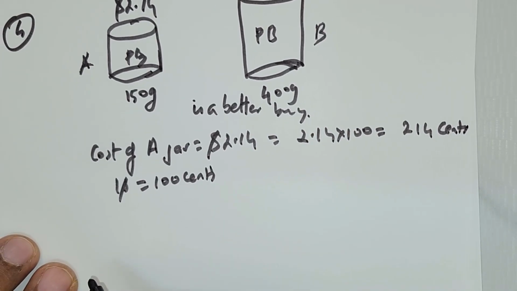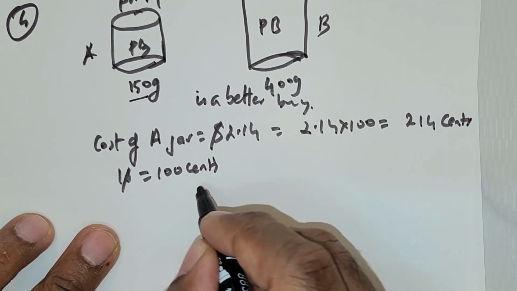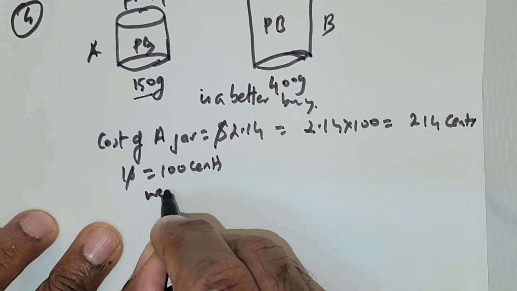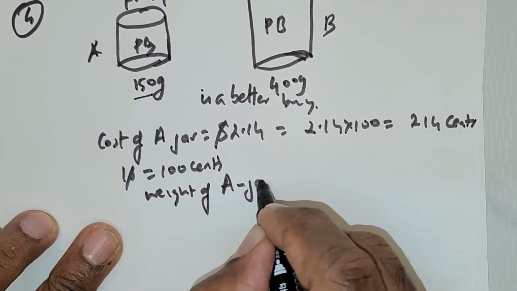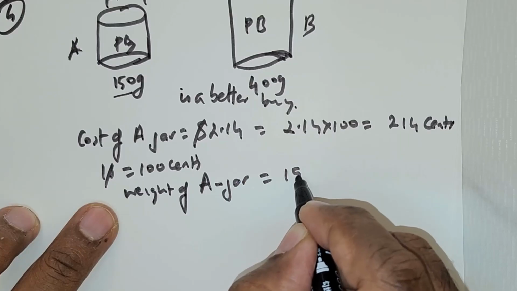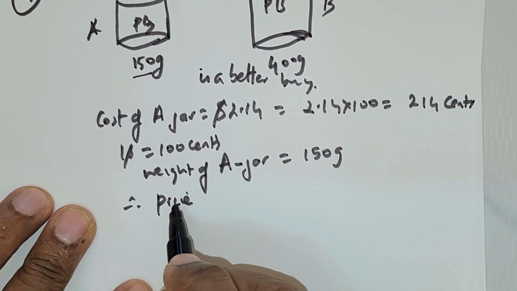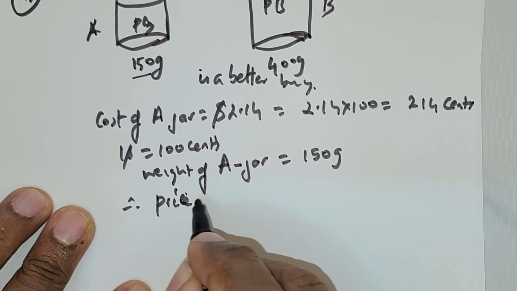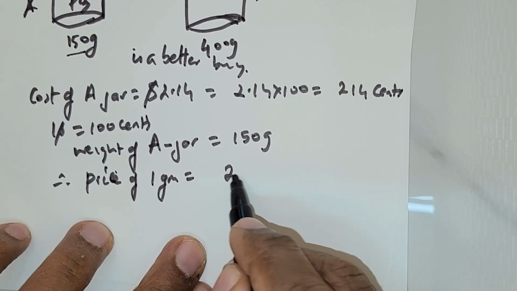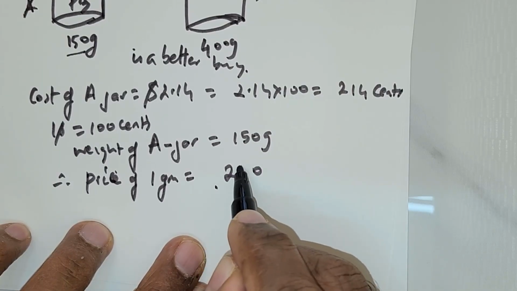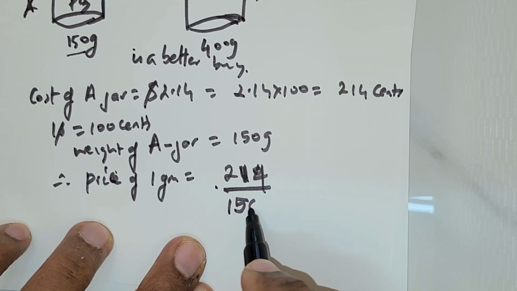Now the weight of jar A is 150 g. So therefore the price of 1 gram is 214 cents divided by 150.